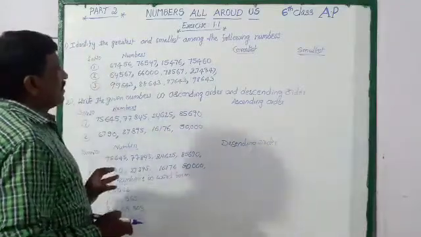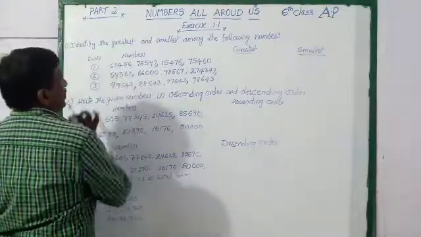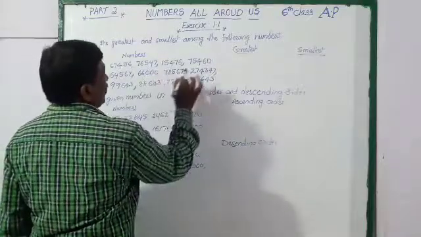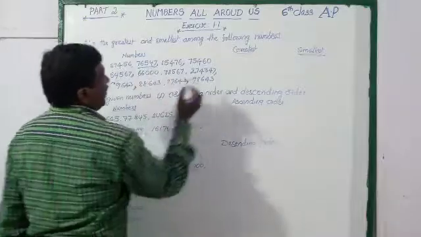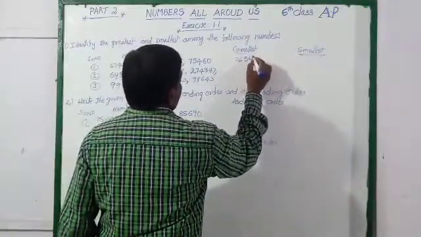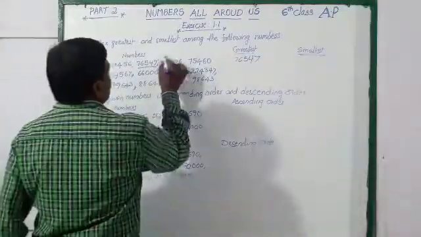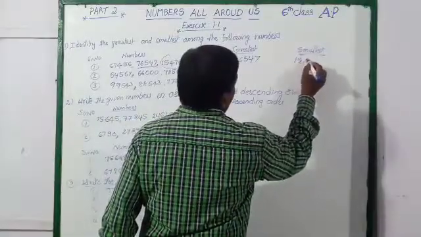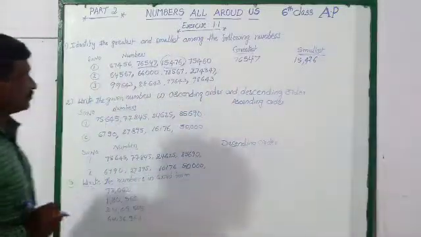Which is greatest and which is smallest? 67,000, 76,000, 15,000, 75,000. 76,000 is the greatest. 76,547 is the greatest number. 15,476 is the smallest number.